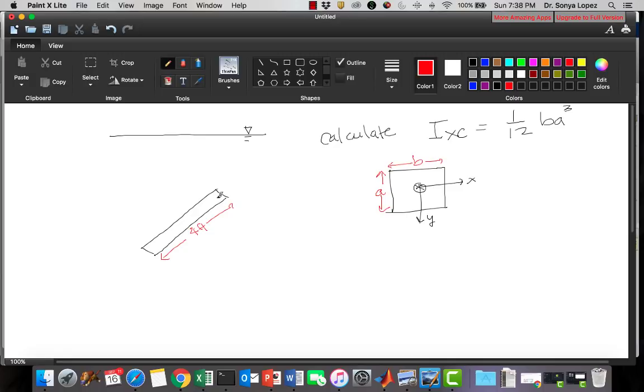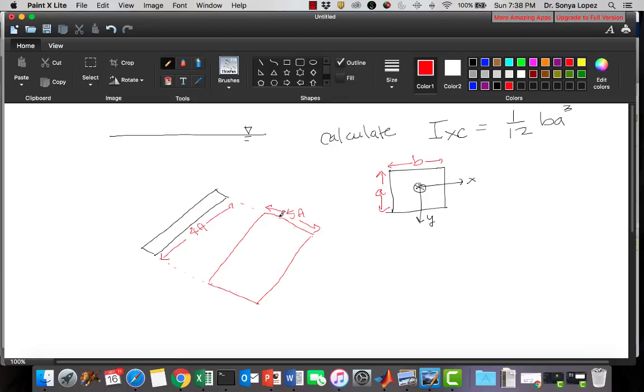And remember, the x-axis is into the page. So if I wanted to draw this, again, looking at the face, it's very convenient to do both perspectives. Then let's say this distance was 5 feet.